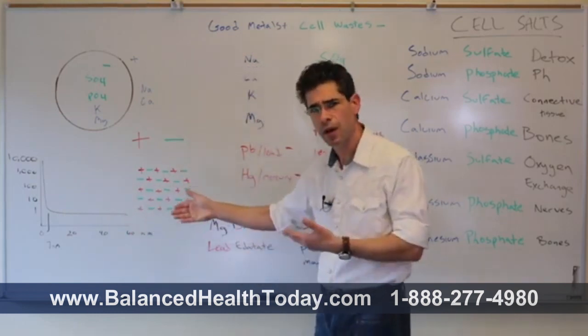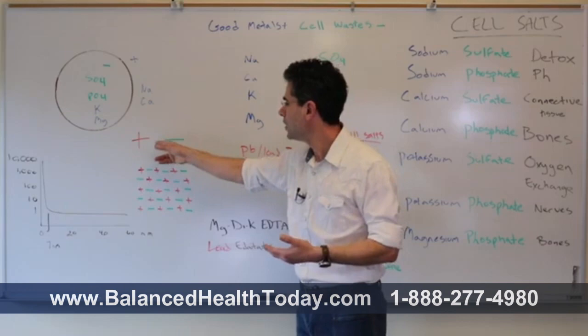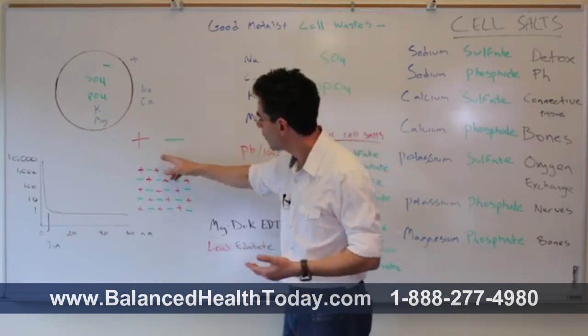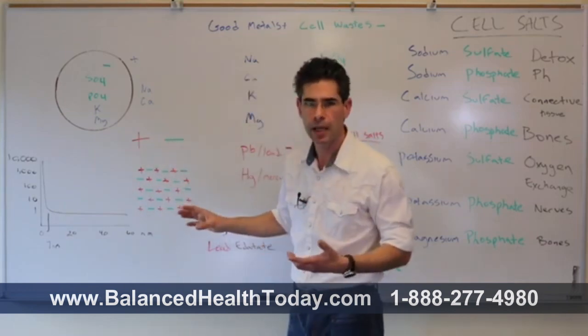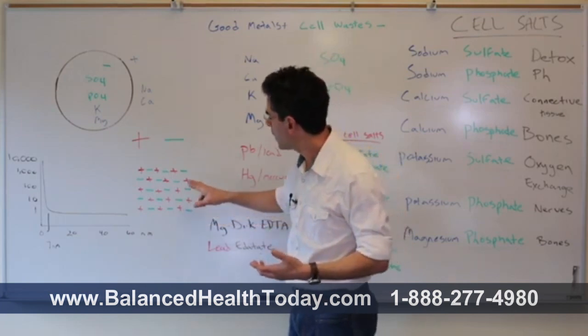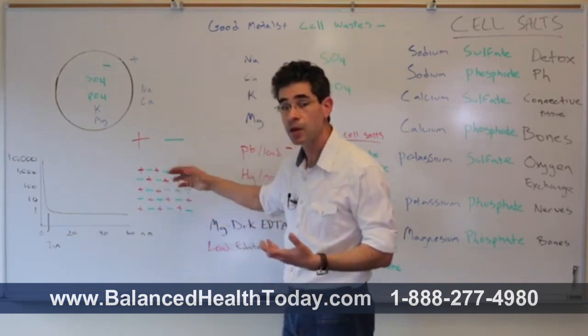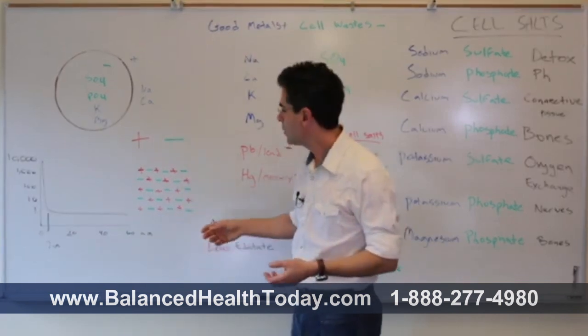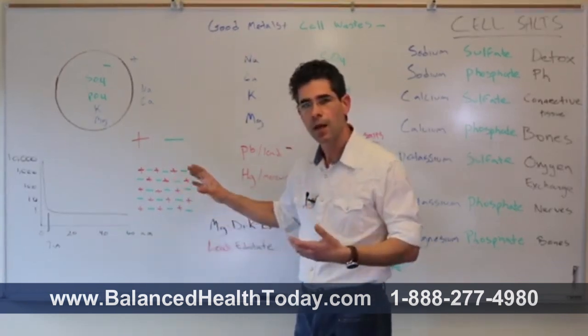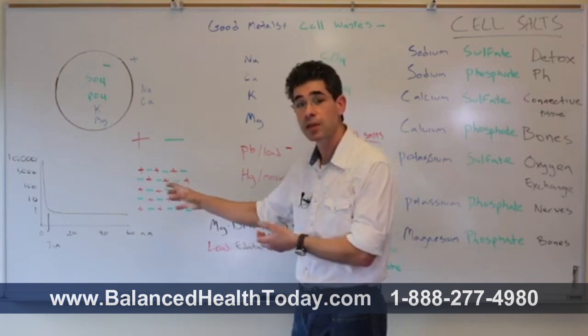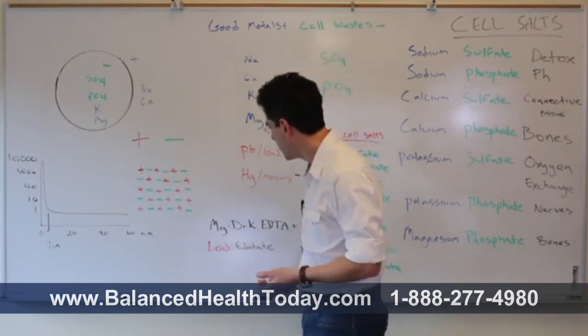So what do we do here? When they're tiny, we can use EDTA, but when they're large, it's going to take a long time. And a lot of the toxic metals are inside this crystal, so the EDTA can't even get to them. So at this point, the idea would be to break this crystal up into individual pieces.